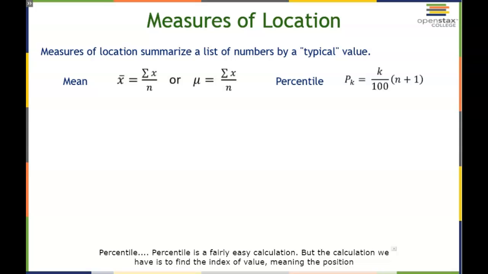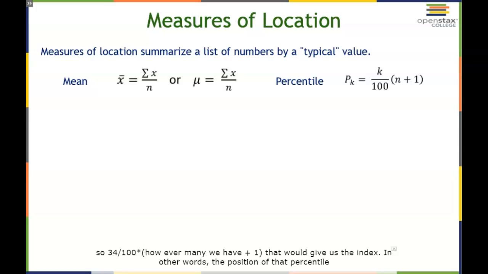Percentile. Percentile is a fairly easy calculation, but the calculation we have is to find the index of the value, meaning the position in a sorted list. Whatever value we're looking for percentile, let's say we're looking for the 34th percentile, our K would be 34. So 34 divided by 100 times however many we have plus 1.